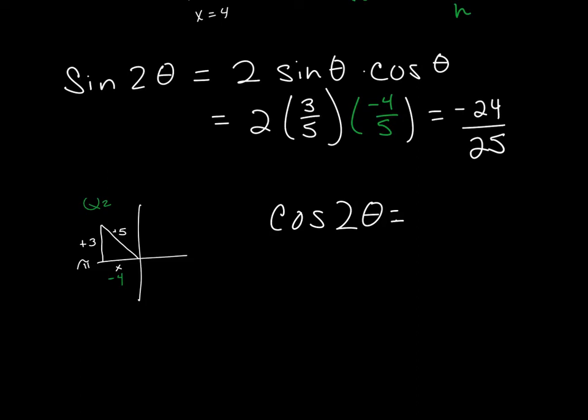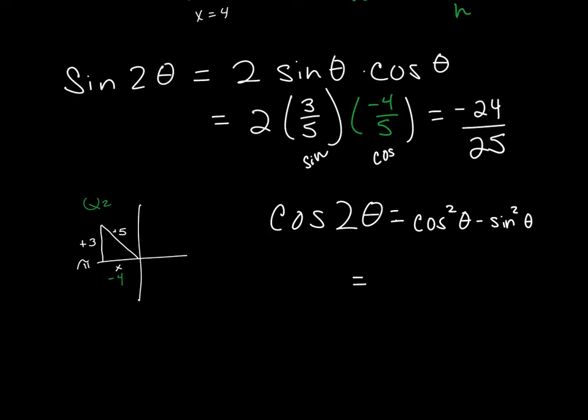I'm going to choose to use the fact that this is equal to the cosine squared of theta minus the sine squared of theta. Now we found those two values above: this was the cosine, this was the sine.